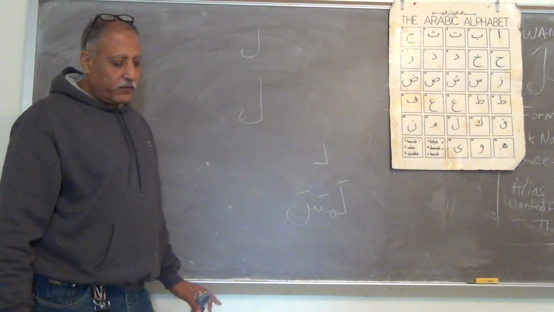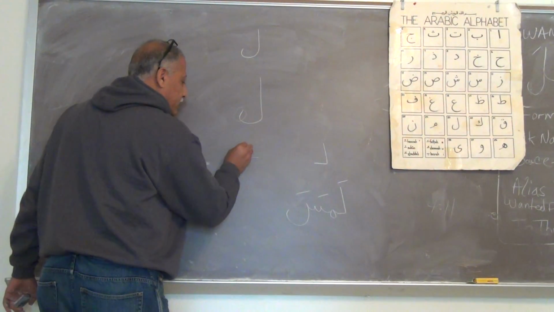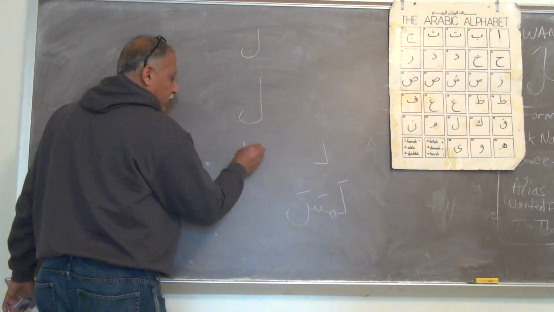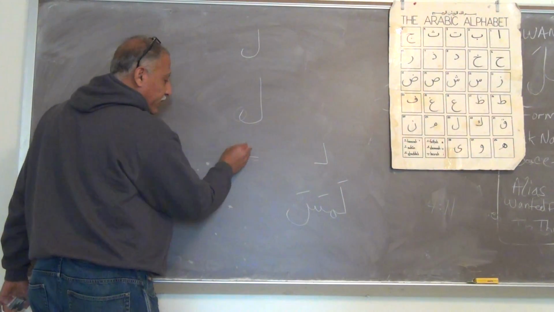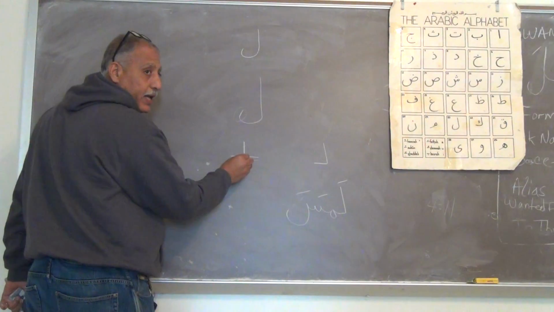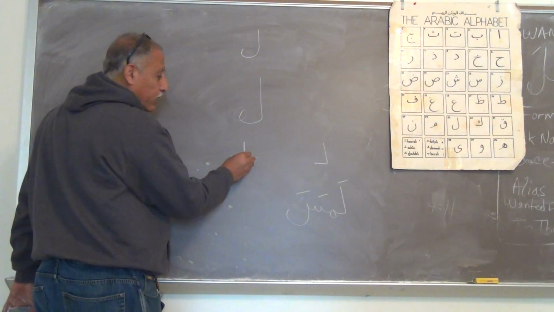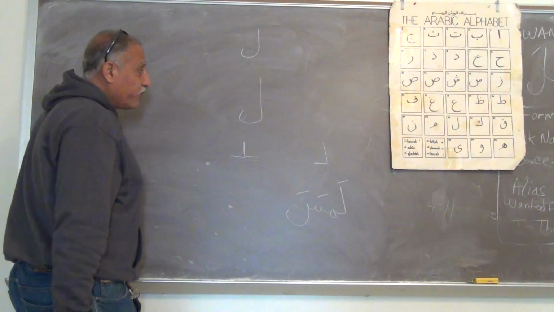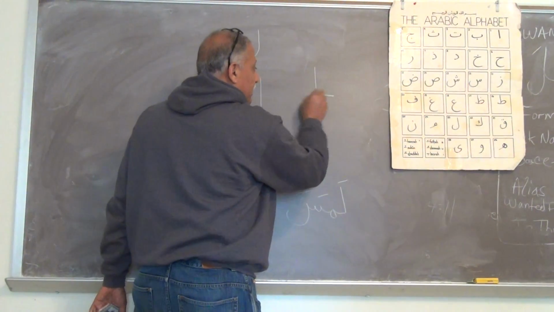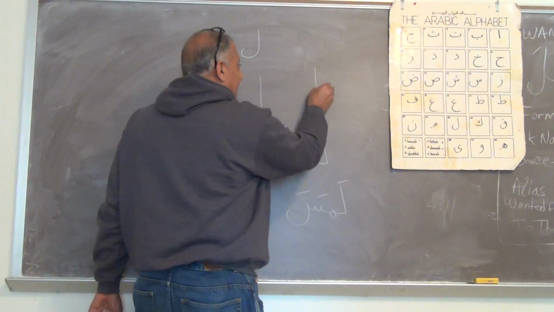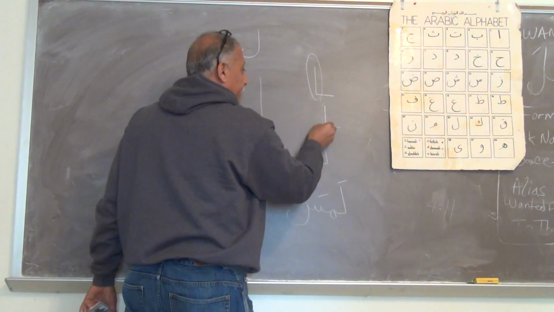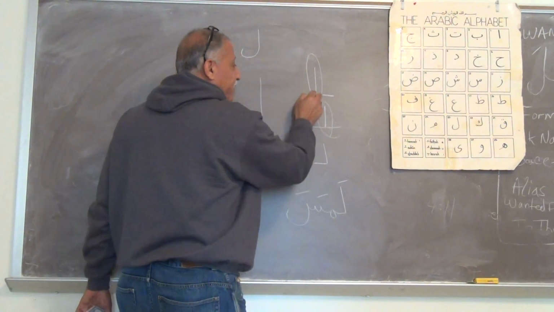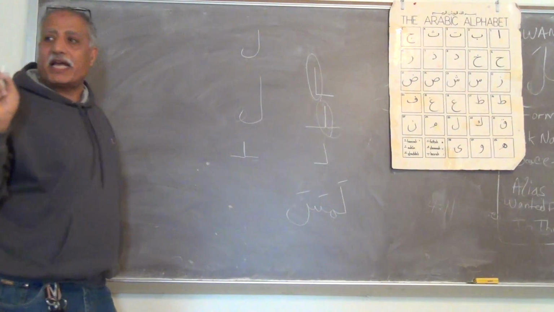حرف اللام in the middle of the word is going to be like this. A little line before it, in the middle, like an alif, but it's not alif. Then it is connected from underneath, behind it. The alif is connected from one side only.